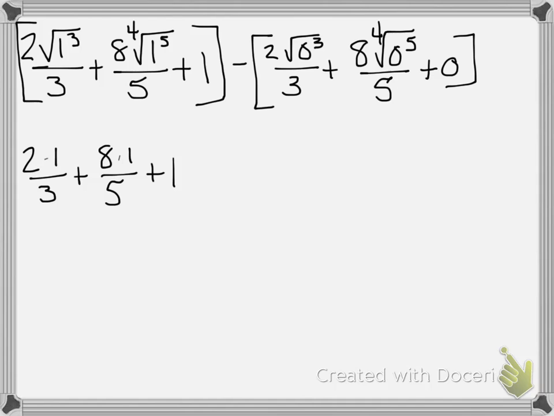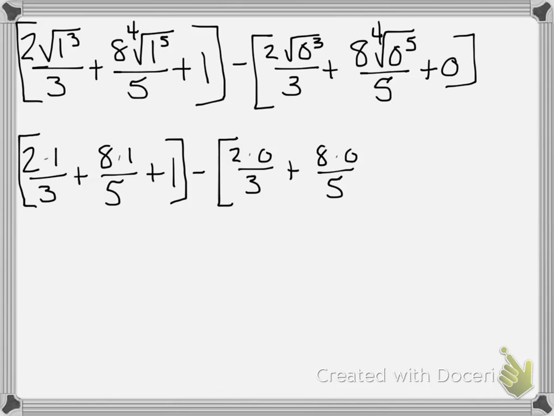And then it's going to be minus, and it's all going to be zeros because it's going to be 2 times 0 over 3 plus 8 times 0 over 5 plus 0. And so all that's going to be 0.